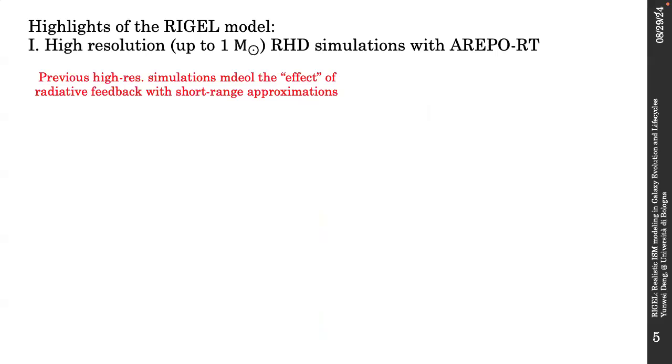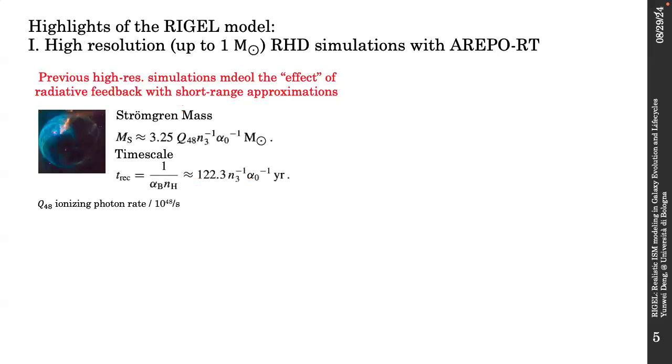I want to emphasize that performing radiation hydrodynamic simulations, or RHD simulations, at this high resolution is not as simple as just turning on the switch of RT or other radiative solvers. This is because the spatial and temporal scales of individual H2 regions are quite small, only several solar mass in size and just hundreds of years in time.